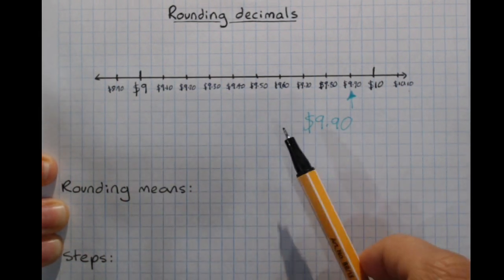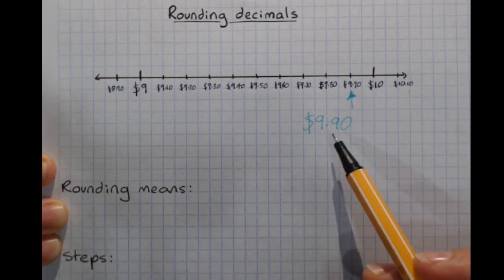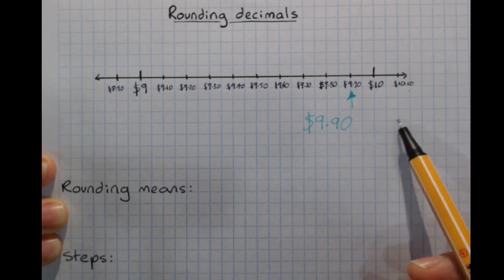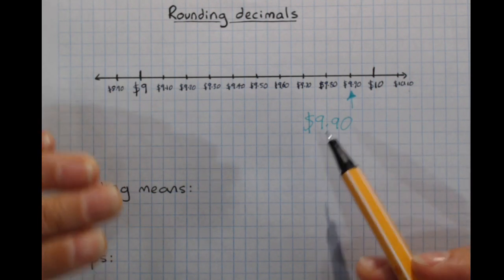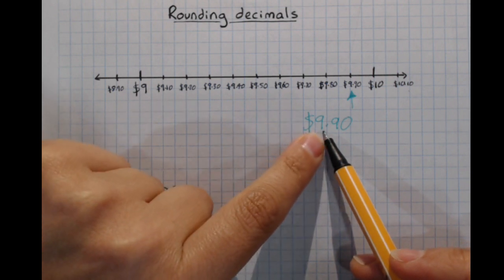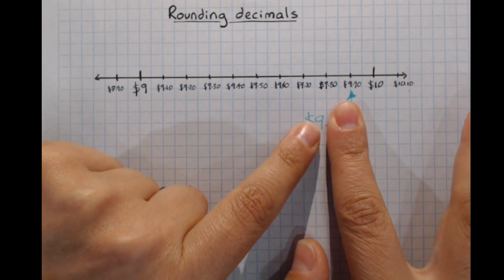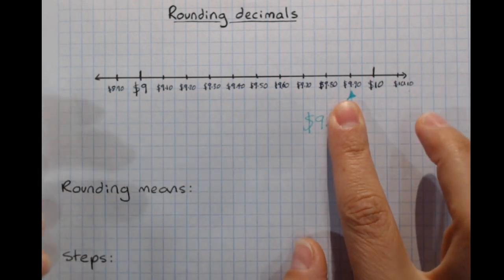So when we're rounding, we're asking, well, if I cut off some of the detail, some of those decimal places, which number is it actually closest to? The number, if I just cut it off, 9, or the number one up from that, 10?